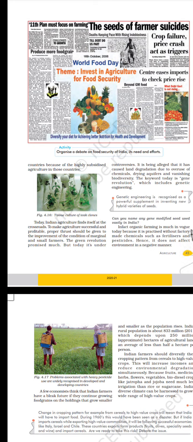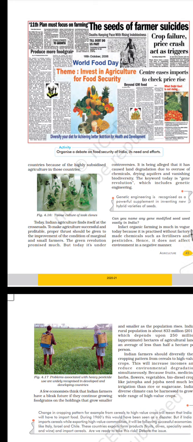Today, Indian agriculture finds itself at the crossroads to make agriculture successful and profitable. Proper thrust should be given to the improvement of the condition of marginal and small farmers. The Green Revolution promised much, but today it's under controversies.